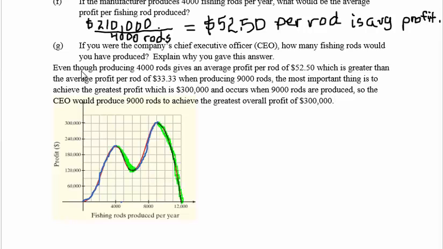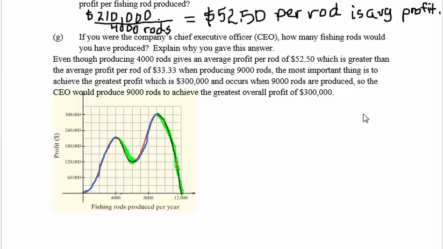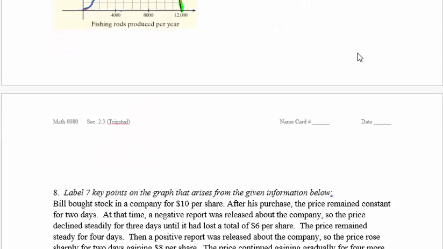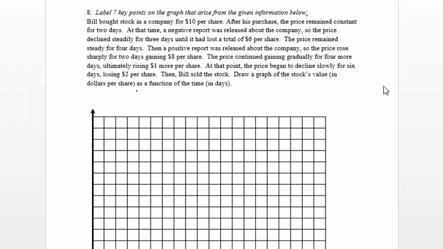So notice that average per rod profit is much lower, but the overall is what a company is going to be interested in. Okay, so here we have a description of a purchase of a stock by Bill.